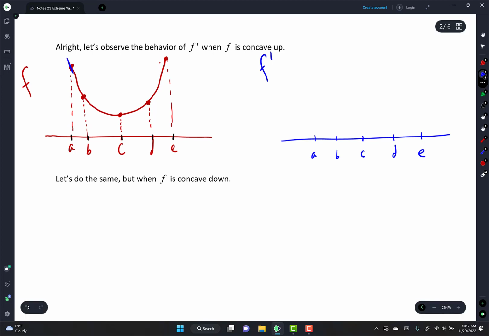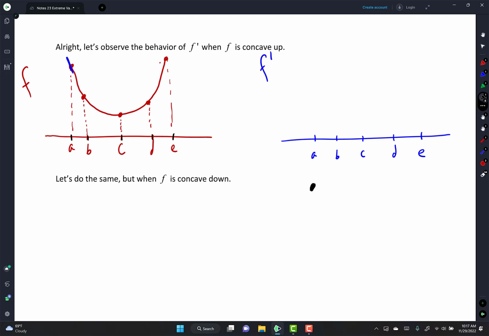All right. At A, your f prime is a negative number because I have a negative slope. Do you guys agree? So I'm going to go to A here, and I'm going to put a point, bam, down here below the x-axis because it's negative.